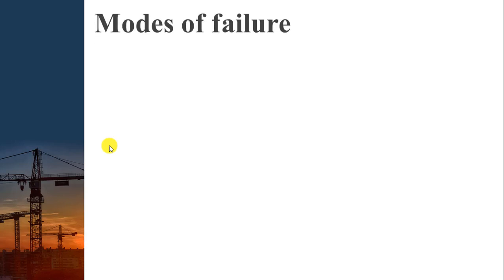Next, there are modes of failure for the compression member. Modes of failure means what exactly? In what manner the failure can take place for compression members. That is called the mode of failure. There are different patterns along which failure can take place, and those patterns are called modes of failure.